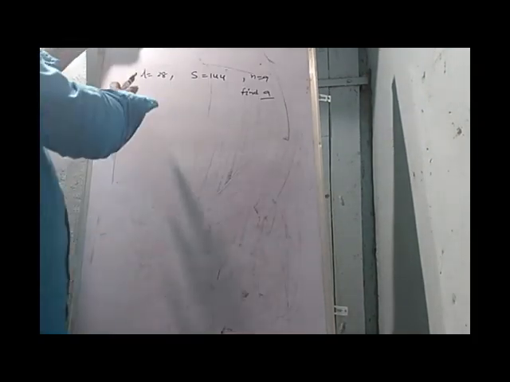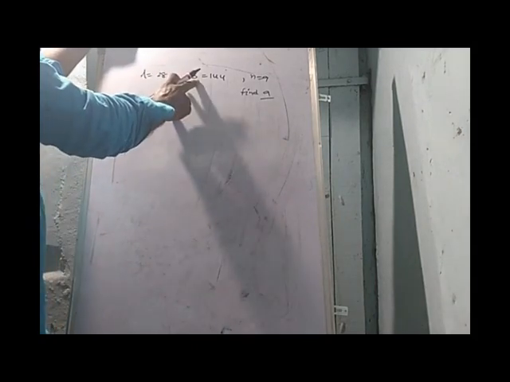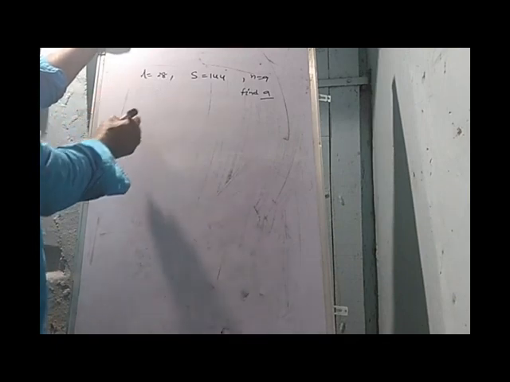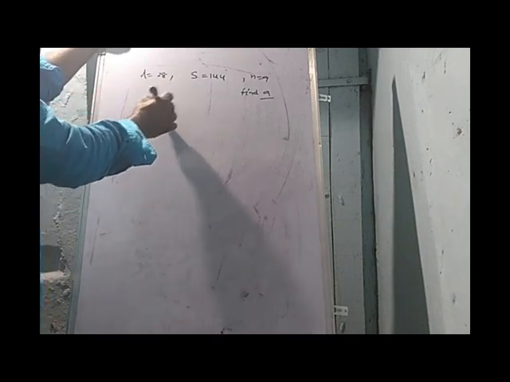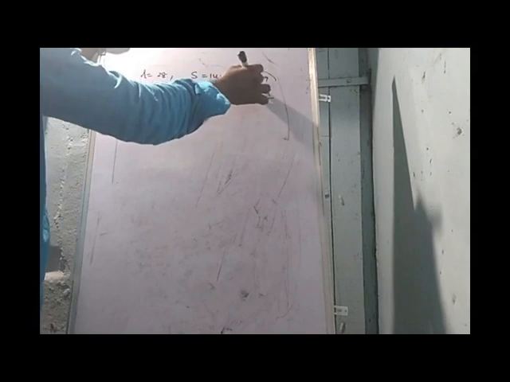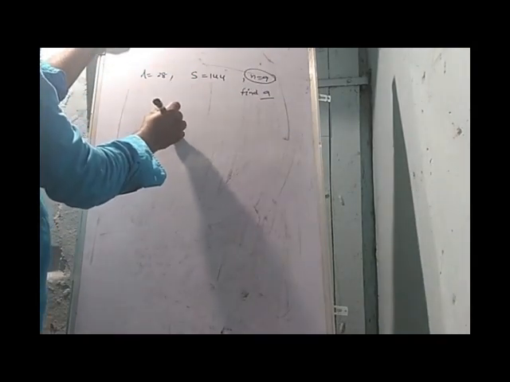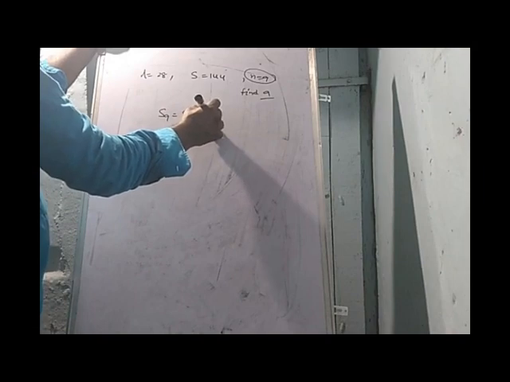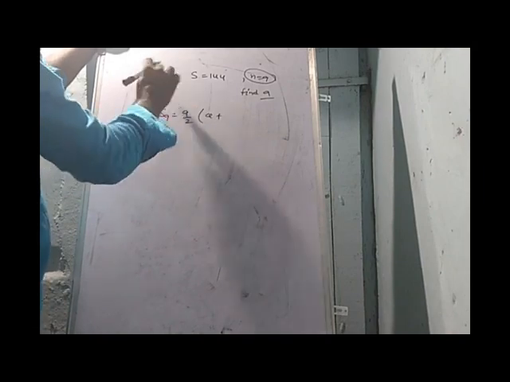Here the last term is 28. The sum of terms is 144. There are 9 terms. Find the first term. We can find the value first of all. Your total terms are 9. The formula is 9 by 2 of (a plus the last term), which is 28.